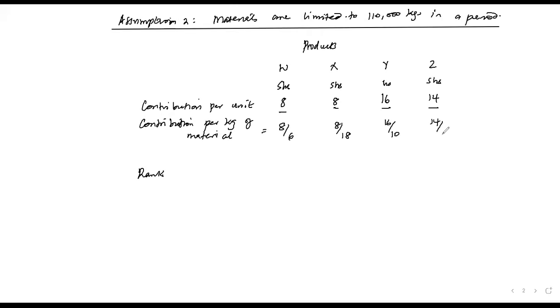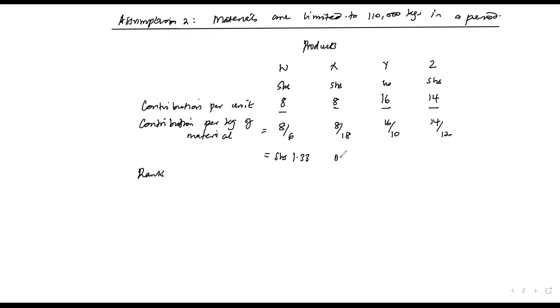Then Z is 14 divided by 12 kilograms. So this gives us the contributions per kilogram. For W, we have 1.33.